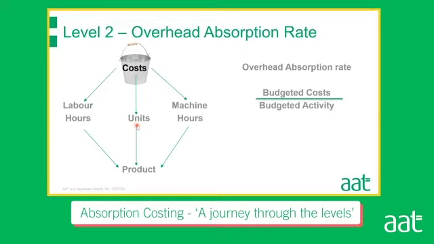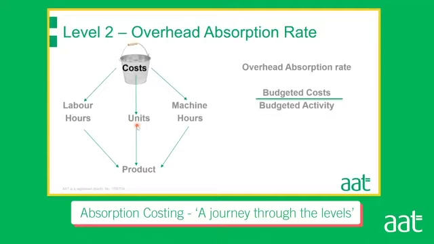And if you think about that a bit further, if you are a manufacturer, product A, B, and C, for example, if product B takes twice as long to make as product A, it's spent twice as long in the factory, twice as long having the benefit of all those resources included within your bucket of overheads. Why shouldn't it get twice the overhead charge? Wouldn't that be more logical?